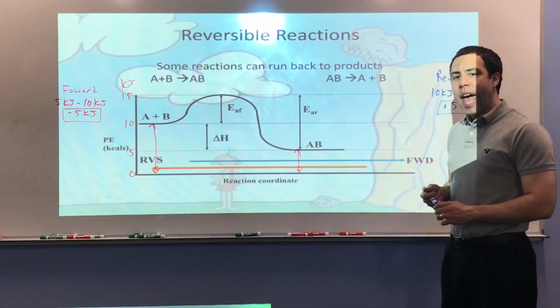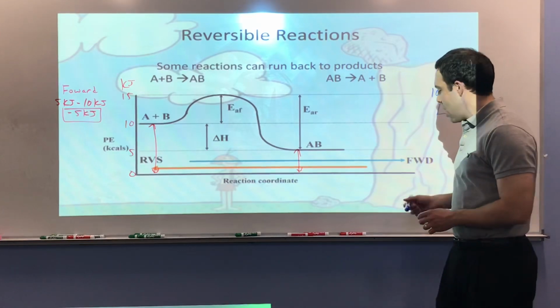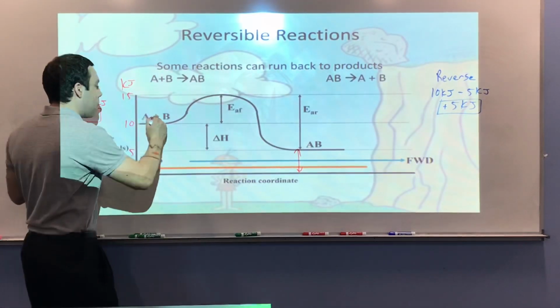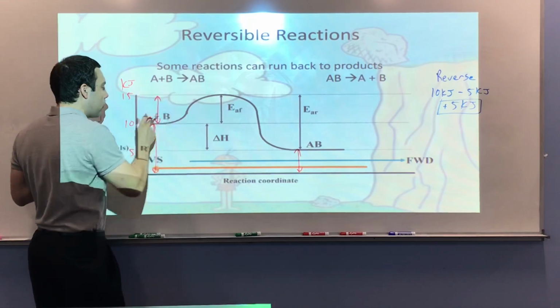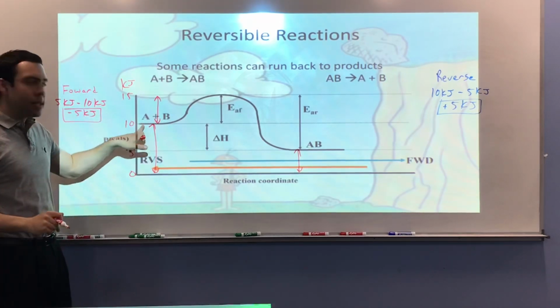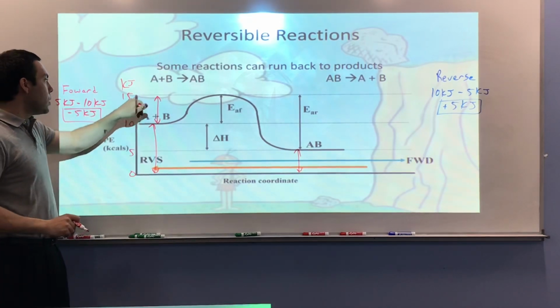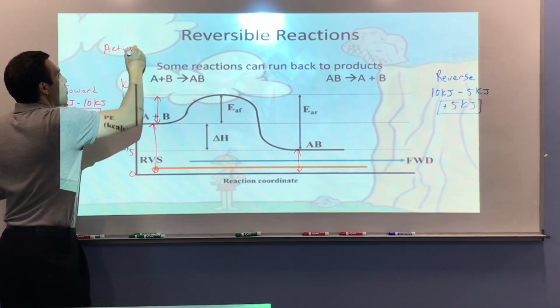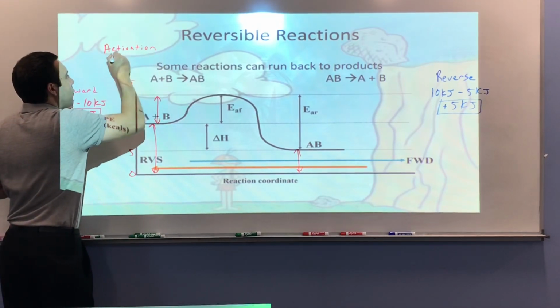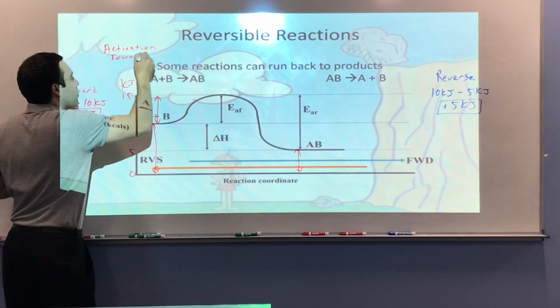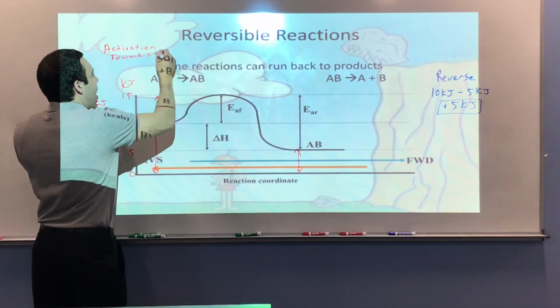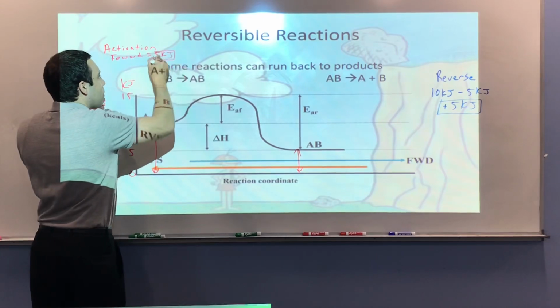Finally, let's take a look at the activation energy. The activation energy for the forward reaction is from 10, from the reactants up to the peak. So the activation energy of the forward reaction is 15 minus 10, 5 kilojoules.